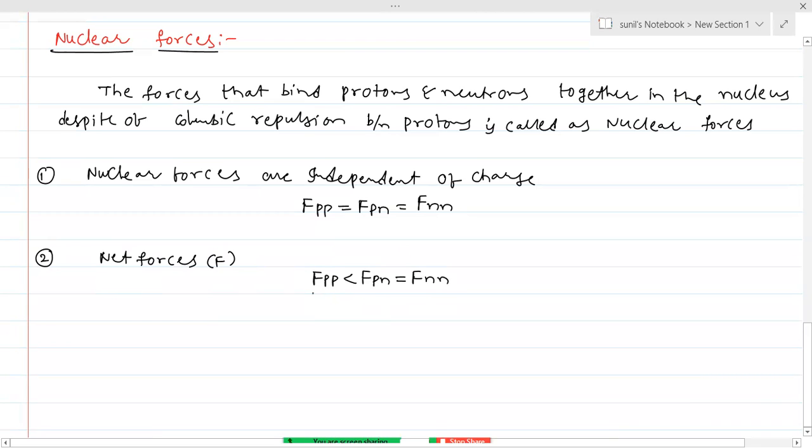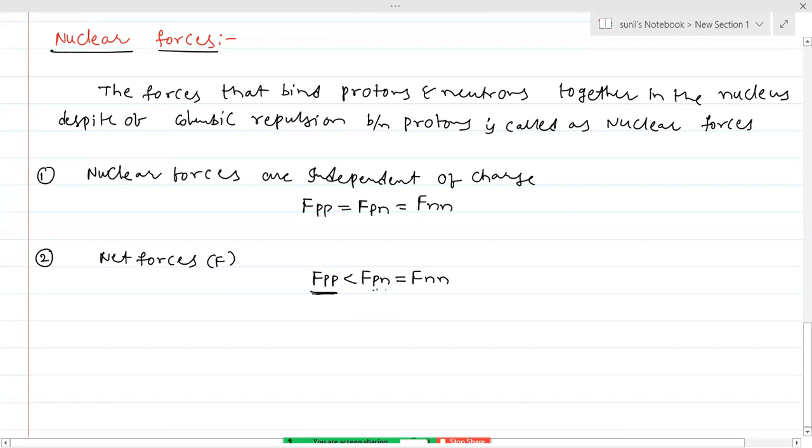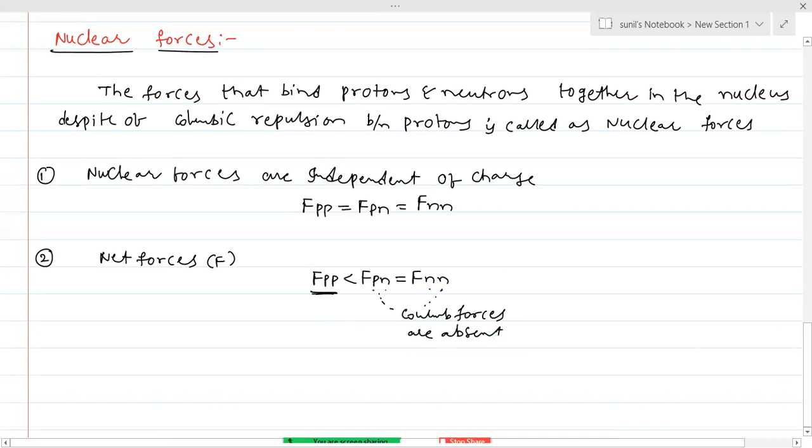Therefore the total resultant is less than that of proton-neutron, because in the case of proton-neutron only nuclear attractive force is present, and also in the case of neutron-neutron only the attractive nuclear force is present. So in these two cases Coulomb forces are absent.